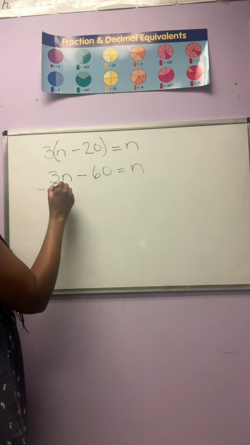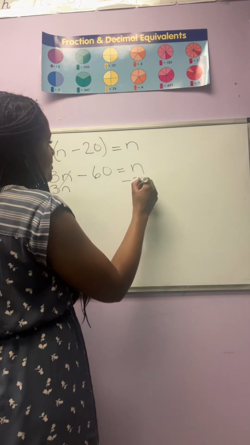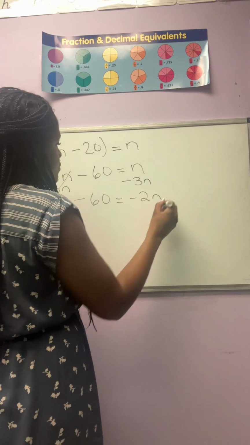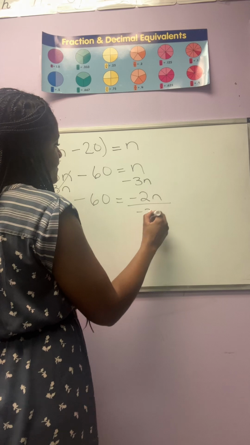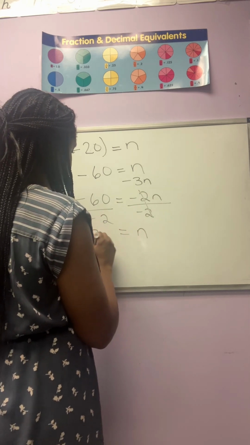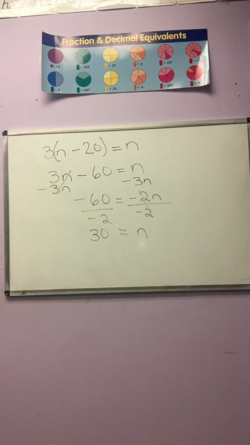So I'm going to do minus 3n, minus 3n. 1n minus 3n is negative 2n. Divide by negative 2, divide by negative 2. n equals 30. And yeah, so that was it for what real number n is it true, so that you get n equals 30 for that.